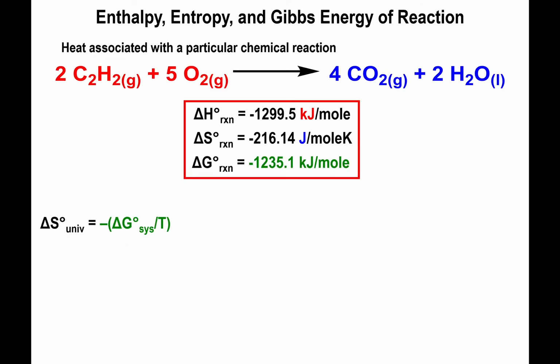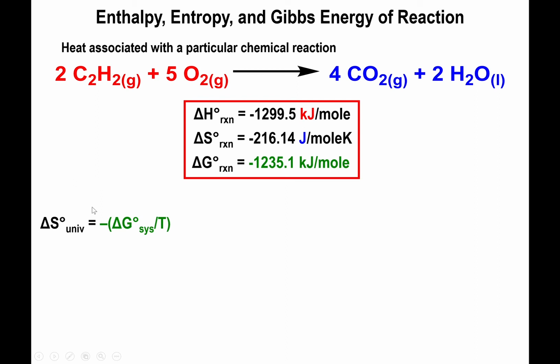Alright, so I'm going to show you an example where we actually go after each variable. We have already found delta H of the reaction, delta S of the reaction, and delta G of the reaction for the combustion of acetylene. Reaction stands for system, so just think of them as synonyms. We're going to use that information to find the different parameters.